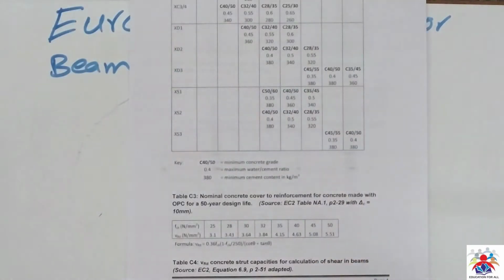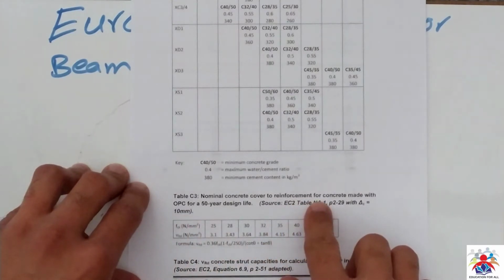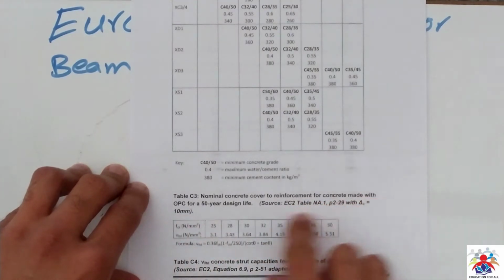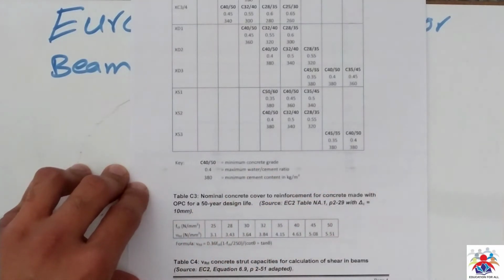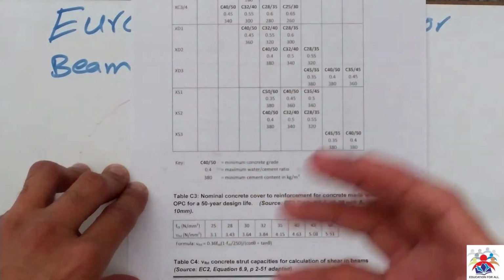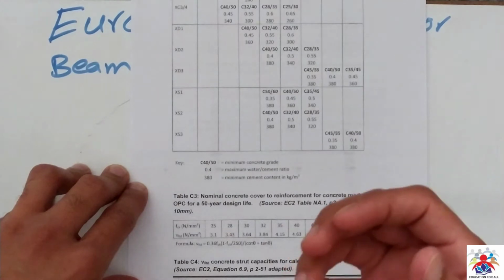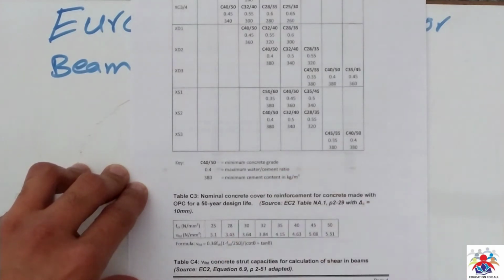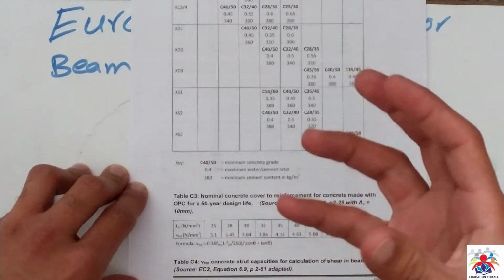Okay, the next one, we have nominal concrete cover to reinforcement for concrete made with OPC, ordinary Portland cement, for 50-year design life. When we design a beam with steel reinforcement, we have to provide concrete cover so our steel stays covered within that beam.